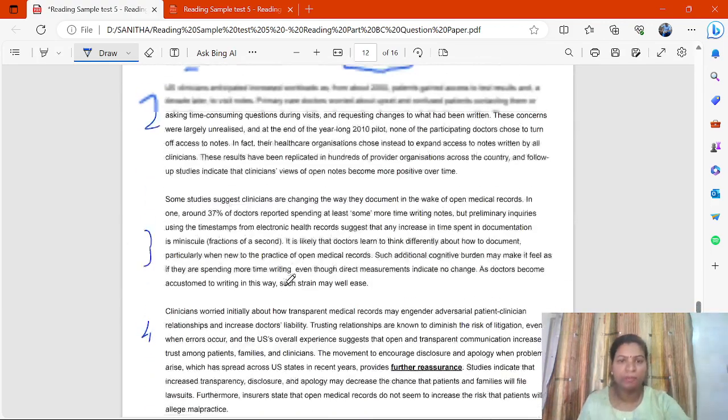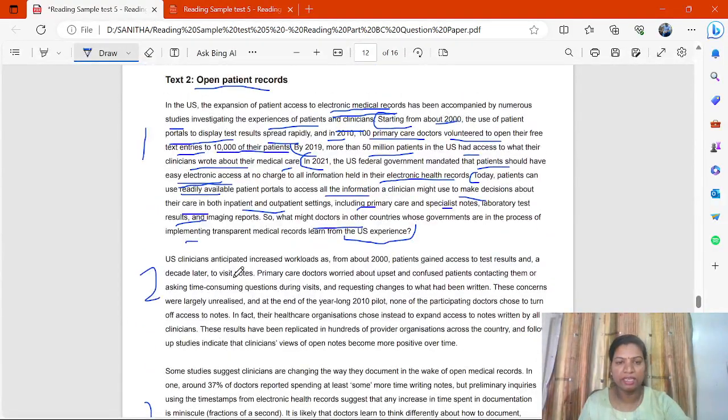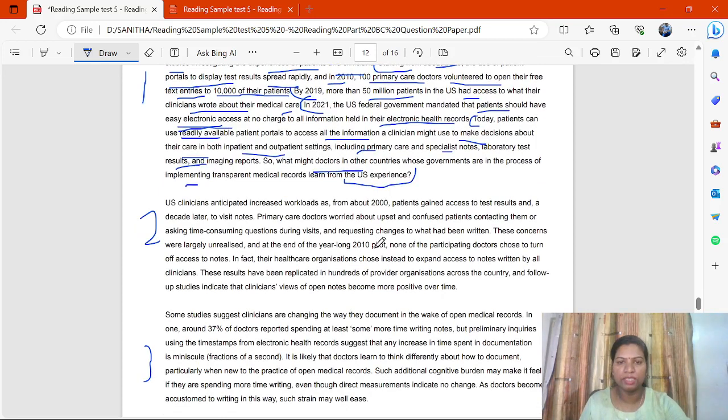Okay, go to the passage. Check if healthcare organizations decided to implement more quickly. Is anybody saying that? I suggest you go through this passage. Okay, what is it saying?